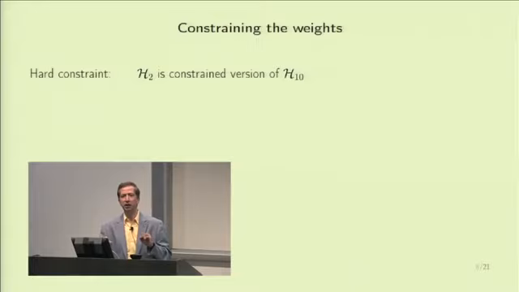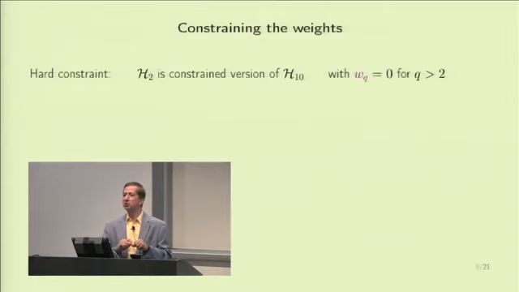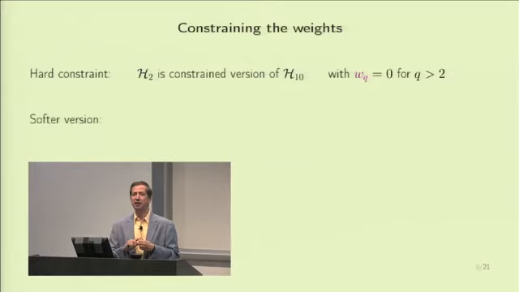But one way to view H2 is as if it was H10 with a constraint. And what would that constraint be? Just set all the parameters to 0 above power 2. That is a constraint, okay? But obviously, that's an extreme case. What we mean by a constraint, usually in regularization, is something a little bit softer, okay? So here is the constraint we are going to work with.